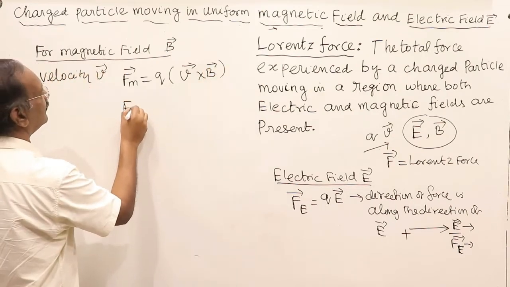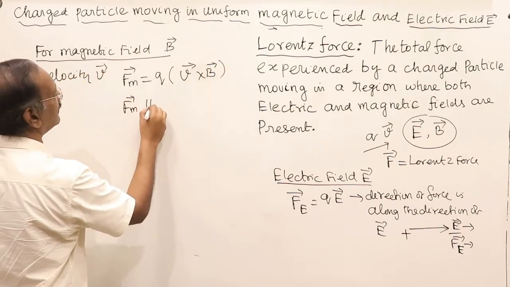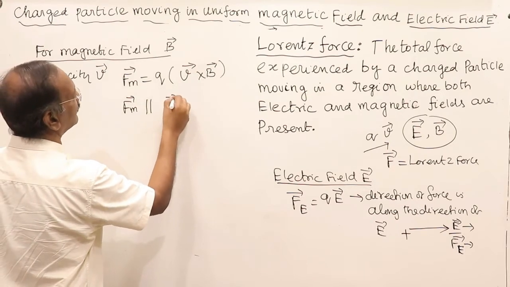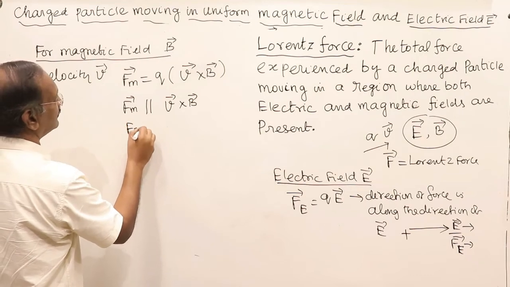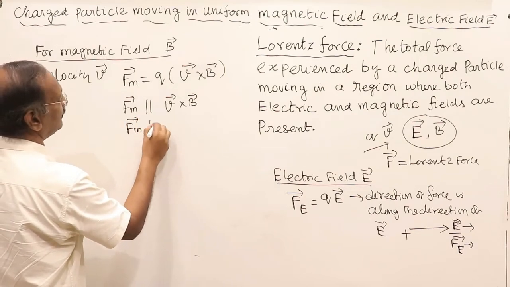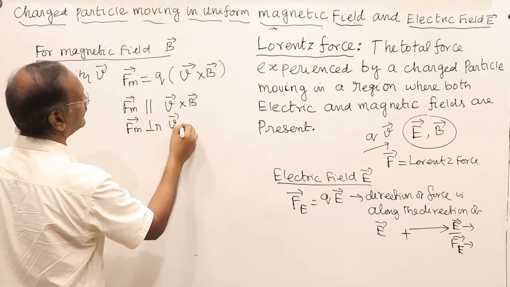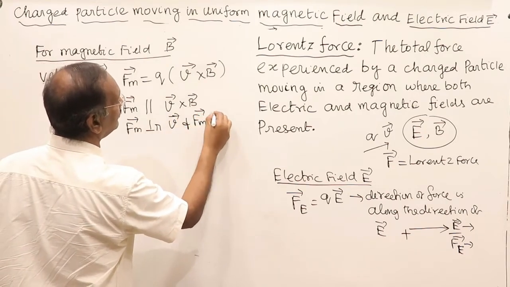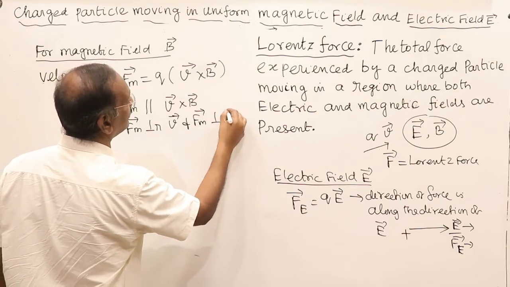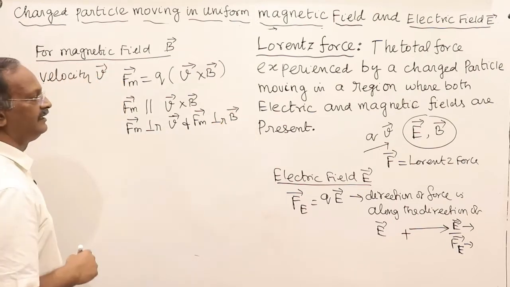The magnetic force will be parallel to the vector v cross B, and the magnetic force vector will be perpendicular to the velocity vector and perpendicular to the magnetic field vector. So this already we have seen.